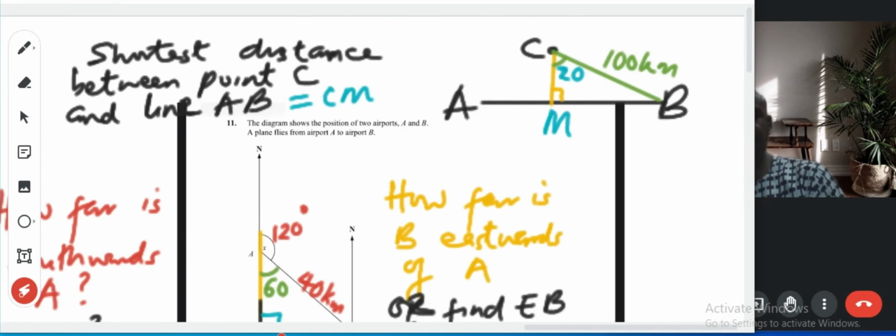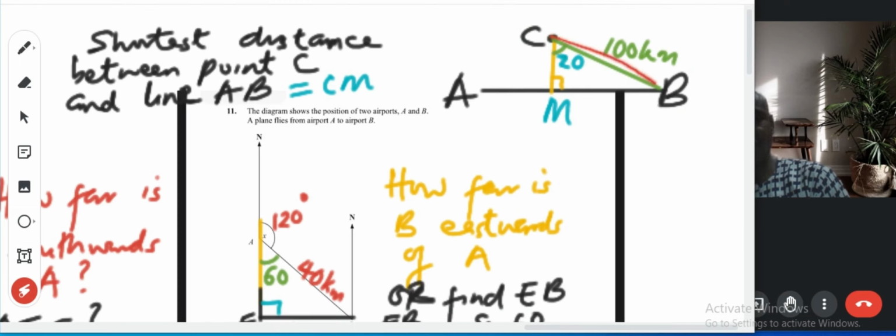Like if this is line AB, and there's a point C here, so that the distance between C and B is 100 kilometers. The shortest distance between this point C and line AB is this line in yellow, which is perpendicular to AB, at 90 degrees to AB.